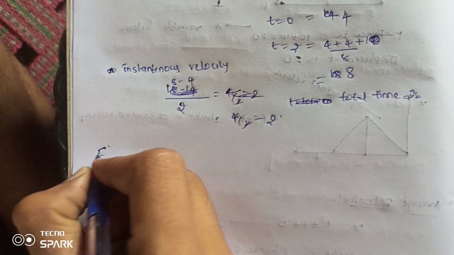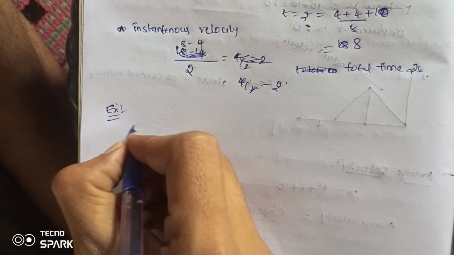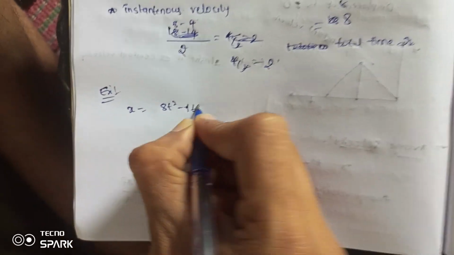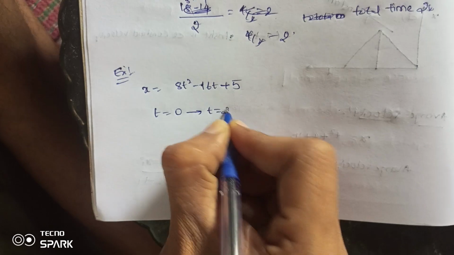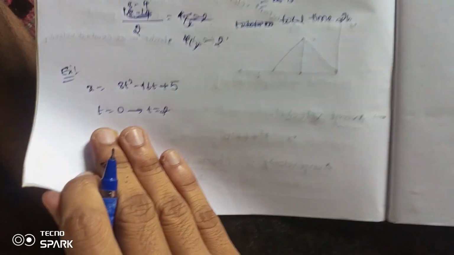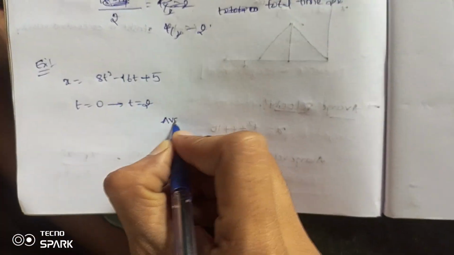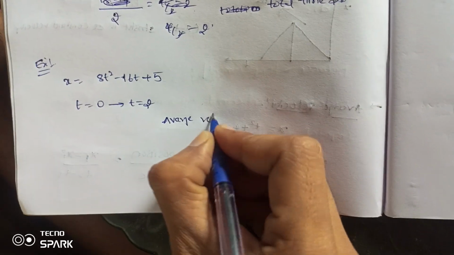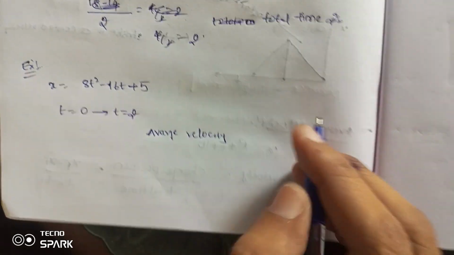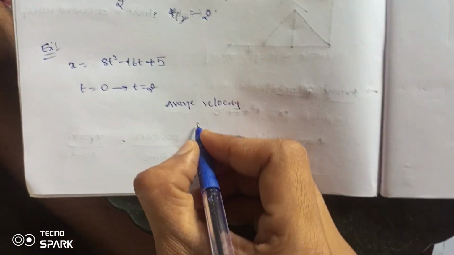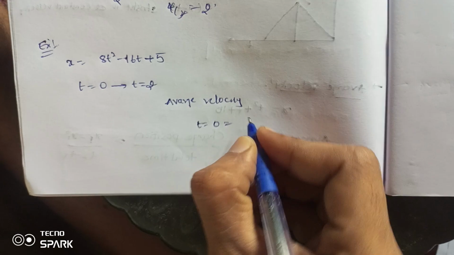Our next example is x equal to 8t square minus 16t plus 5, from t equal to 0 second to t equal to 2 second. Average velocity: at t equal to 0 second, position is 5.